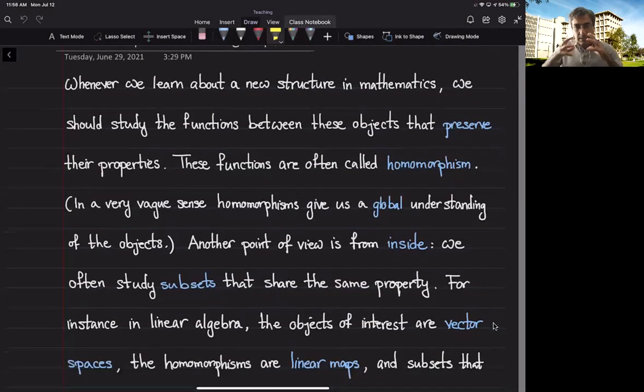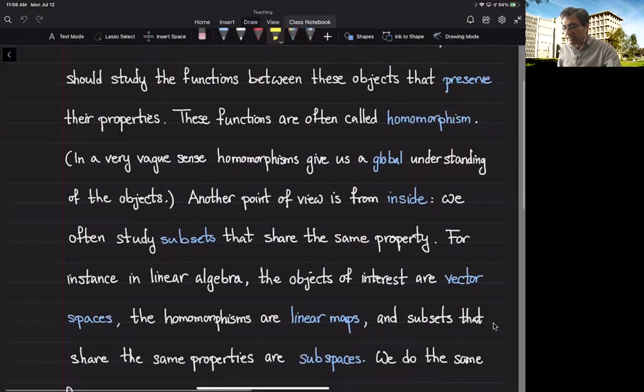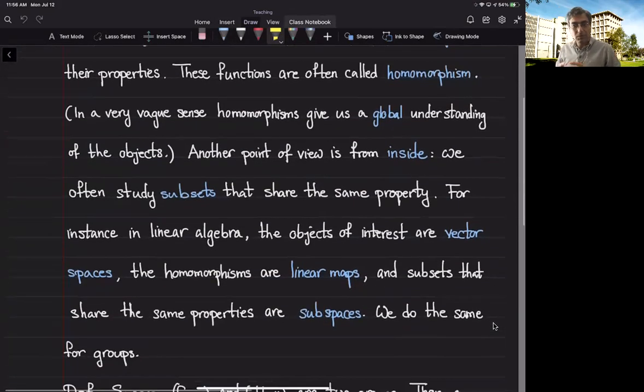In any case, in every kind of setting, you should ask yourselves, what are the maps that preserve the structure of the object that you are working with? In some sense, these homomorphisms, these functions that preserve the structure of the object that you are working with, can be viewed as a global understanding of your structure.